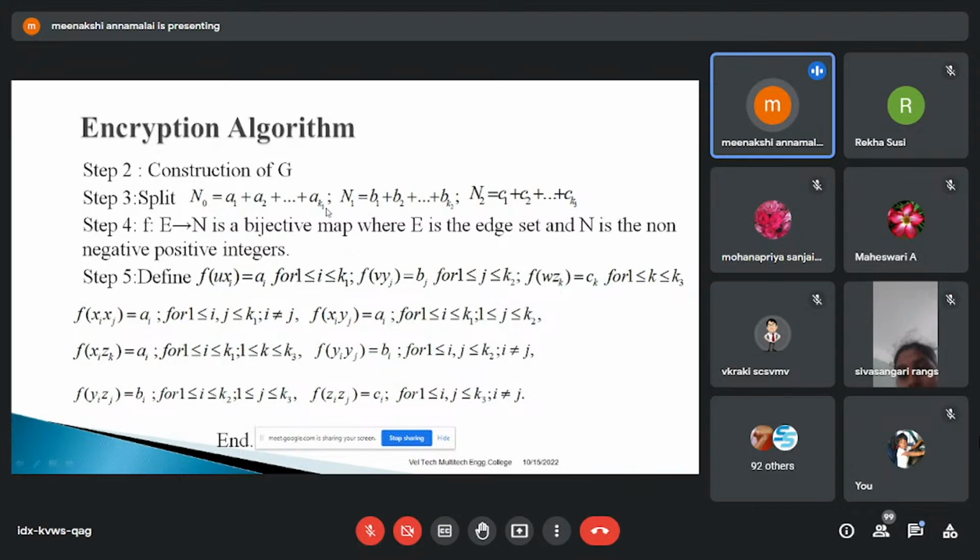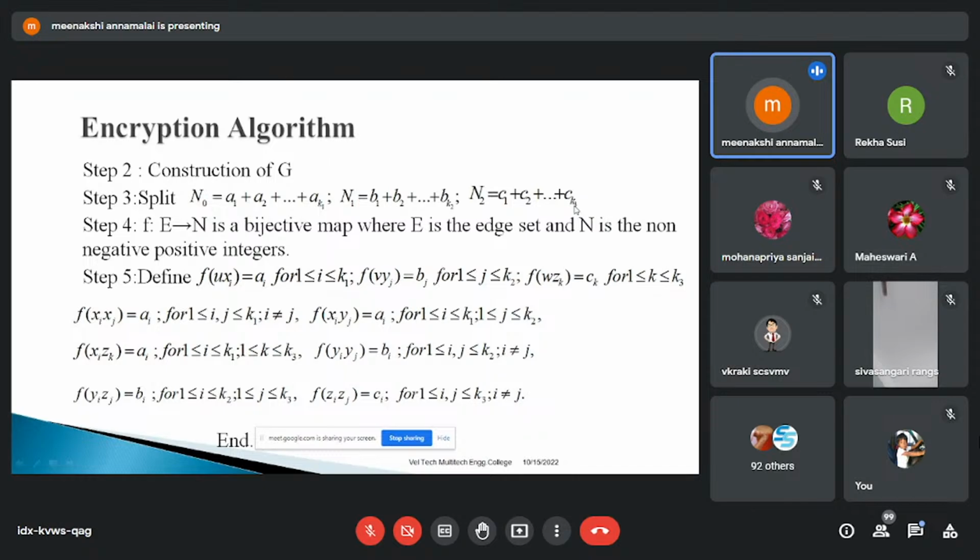That's why I represented it here as K1. Next, N1 is congruent to 1 mod 3, which is split into K2 sub-partitions, like B1 plus B2 up to BK2. And N2 is congruent to 2 mod 3, which is split into K3 sub-partitions.